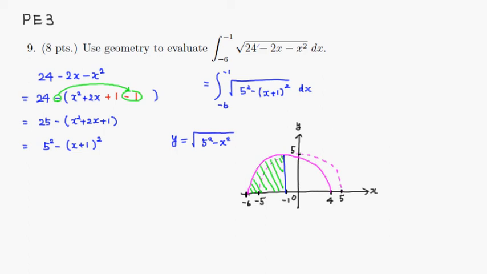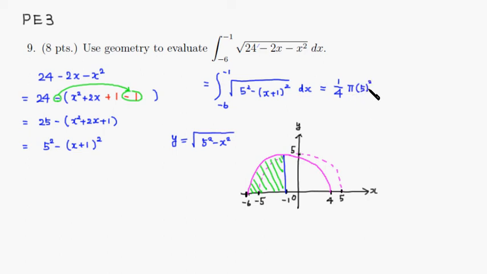So this is going to be this area right here, one quarter of the whole disk. So I'm going to put the 1/4. The area of the whole disk would be pi times radius squared, so pi, and the radius is 5, so you have 5 squared.